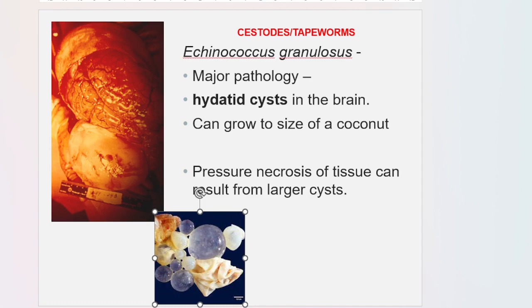Again, that is most commonly found in the liver. Usually sa liver siya. Bakit kaya sa liver? Of course, if you remember how can a man be infected with this one, through ingestion of contaminated feces of dog. So the egg will hatch into hexacanth embryo. It penetrates the intestinal tissue, lalabas siya from the intestine, pupunta siya into the circulatory system.